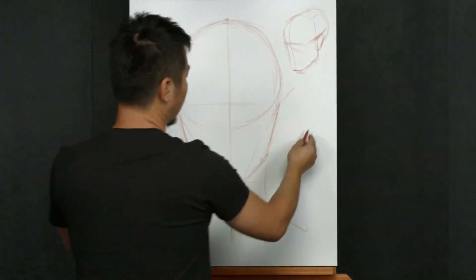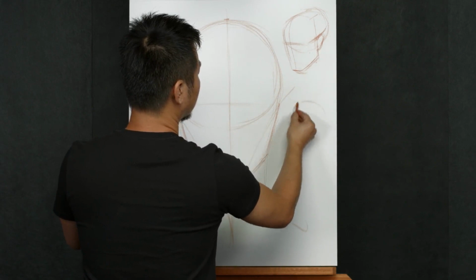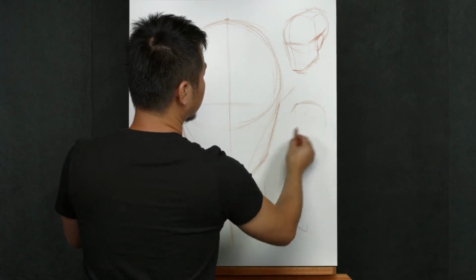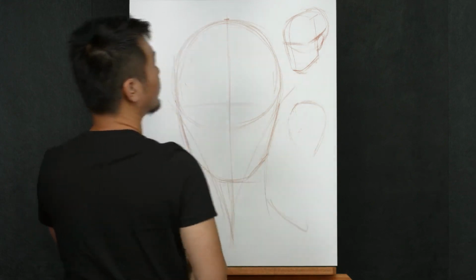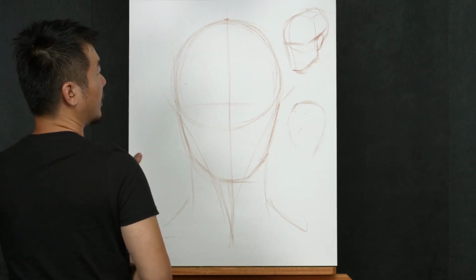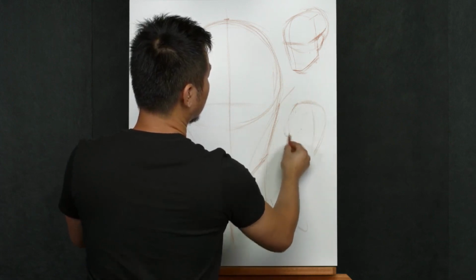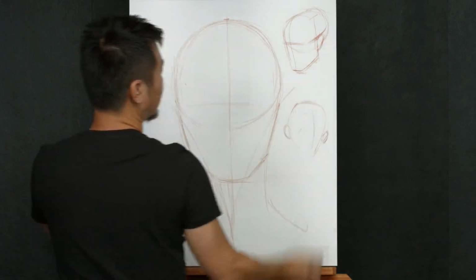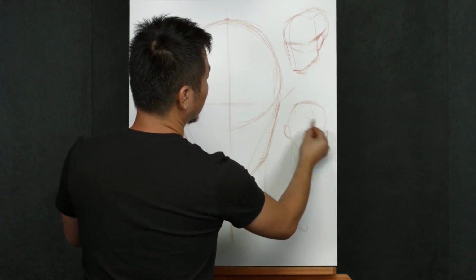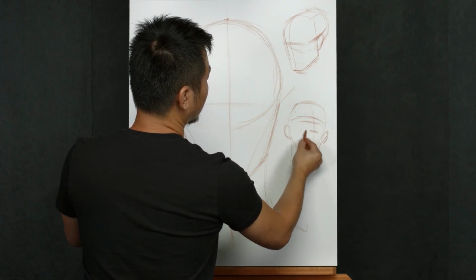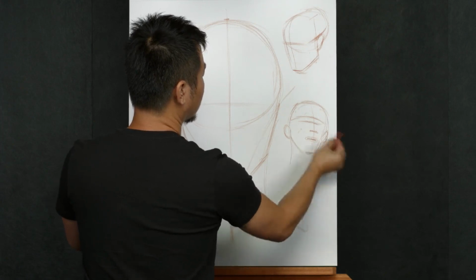And also, let's say we're looking from below the head, I can also roughly indicate where the ears are, and then I can also block in the rest of the features.